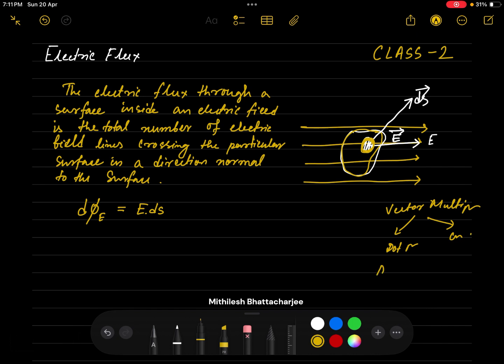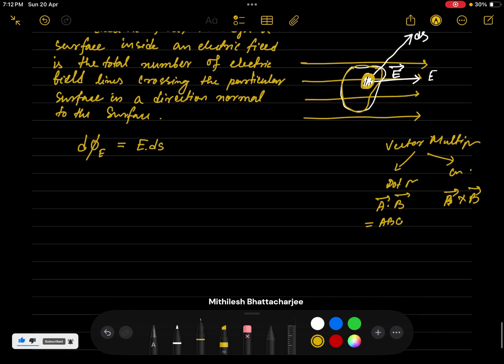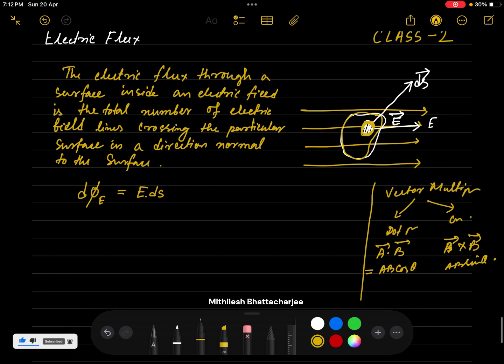Dot product is A dot B, and the cross product is denoted as A cross B. A dot B is A B cos theta, and A cross B is A B sin theta. Okay, so this is the vector concept. E is a vector quantity and ds is also a vector quantity.